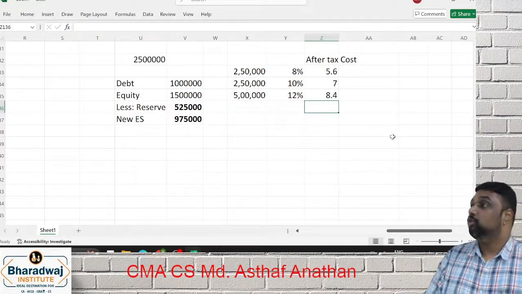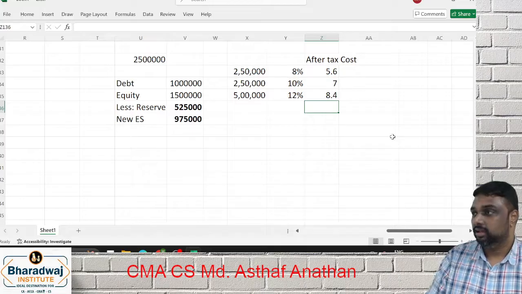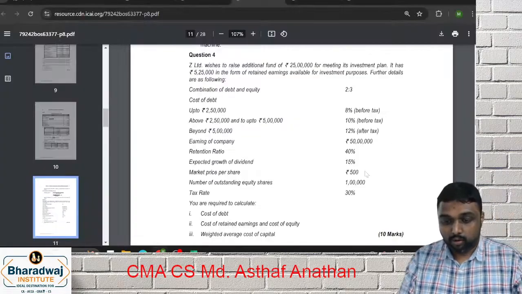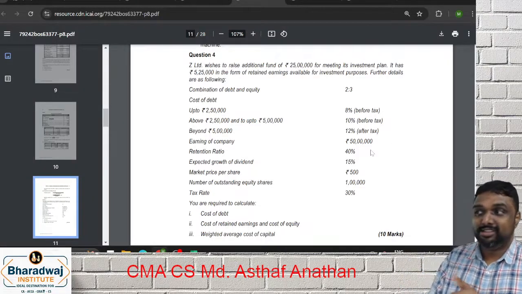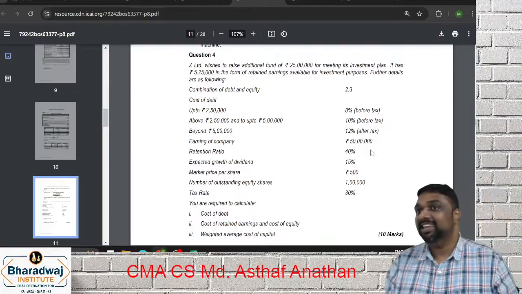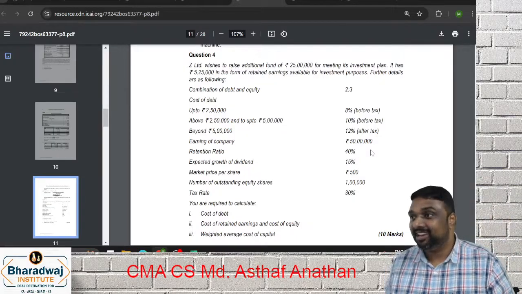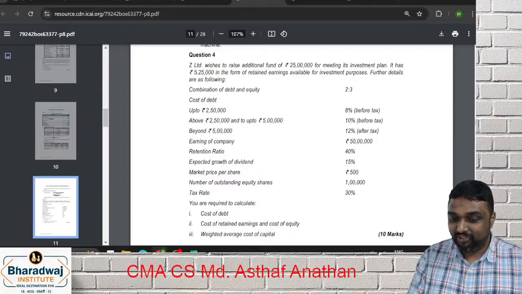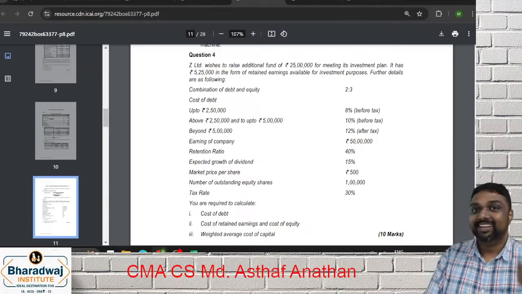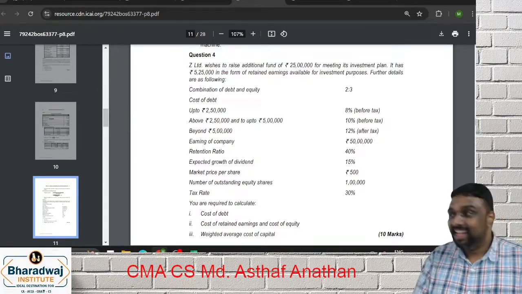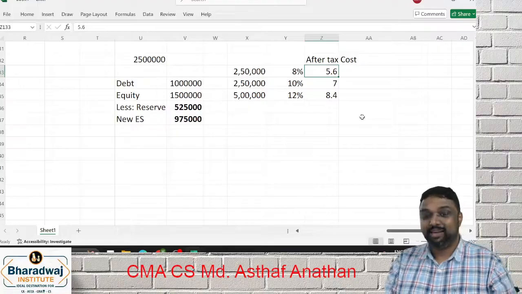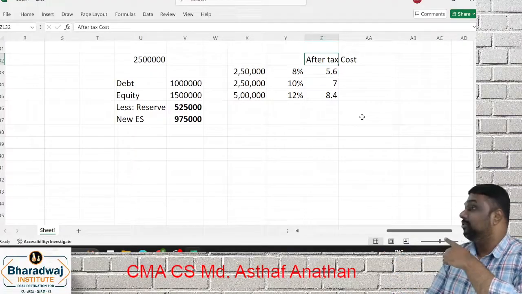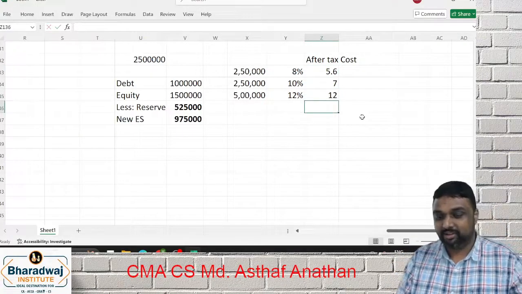After tax means multiplied by 1 minus tax. Very good. That is percent. See how standard the CA question is. They said before tax, and the third one they directly gave after tax. So they can't make any mistake, because we make a separate column called after tax. That is why we have no issue.